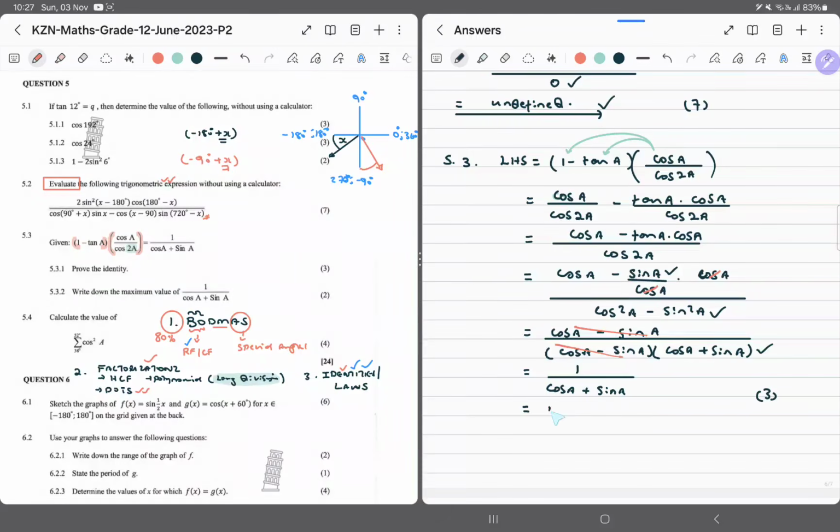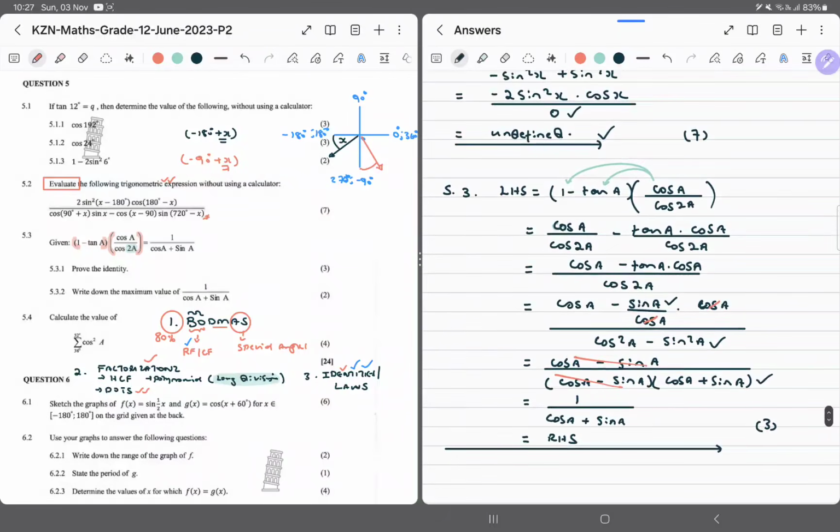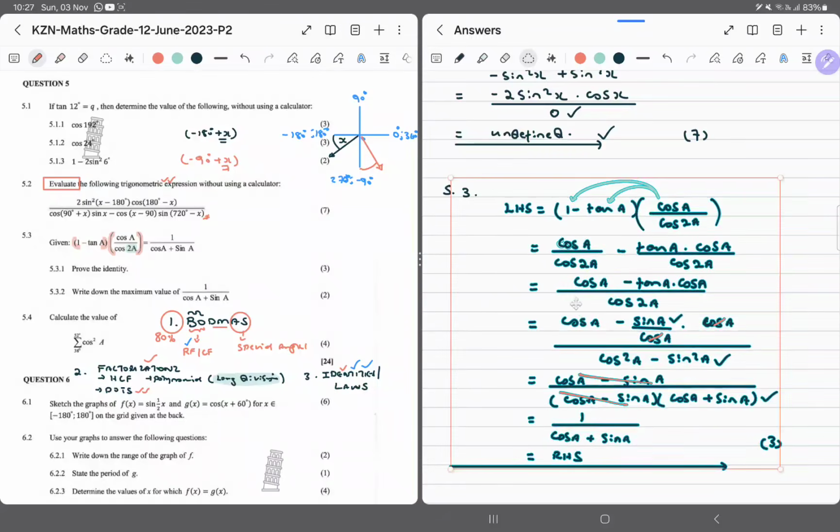We need to conclude that this is equal to the right hand side. Do not take anything for granted. Okay, guys, so this is very simple. Again, we needed to answer the question.